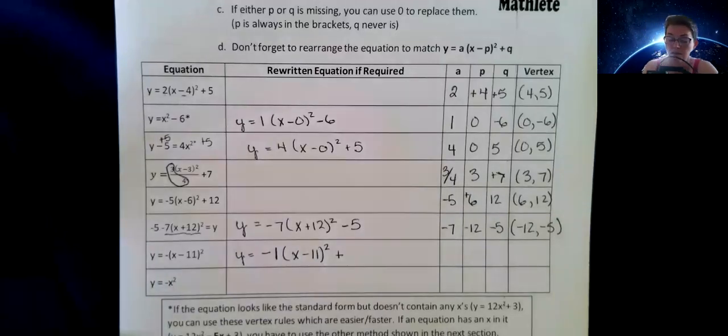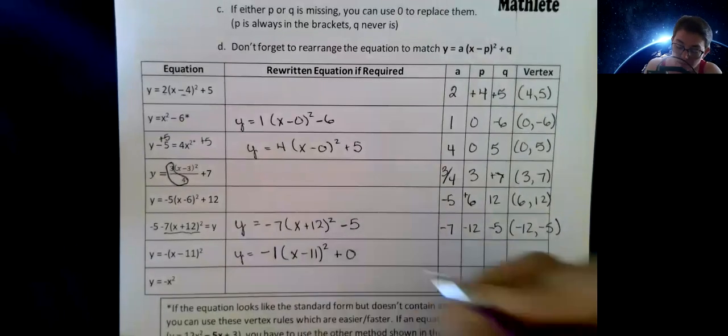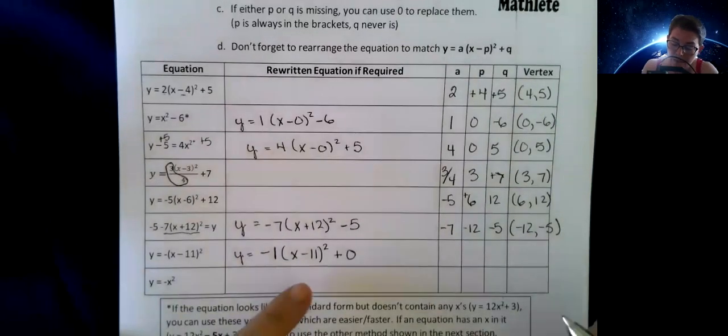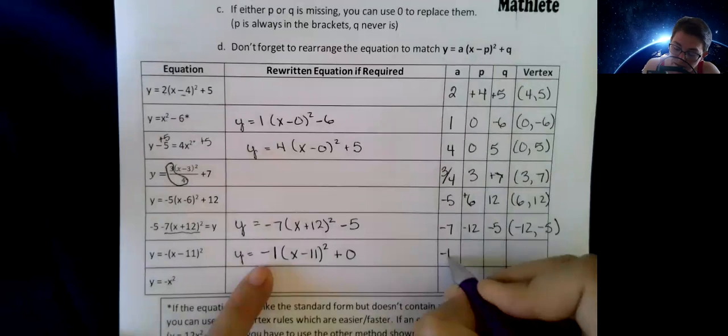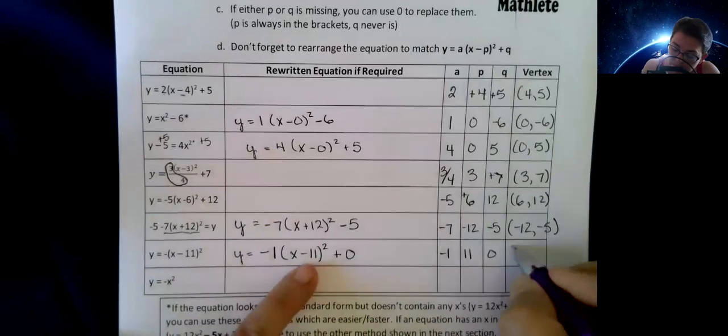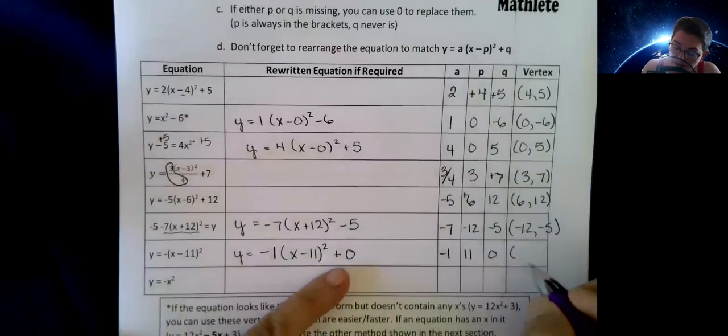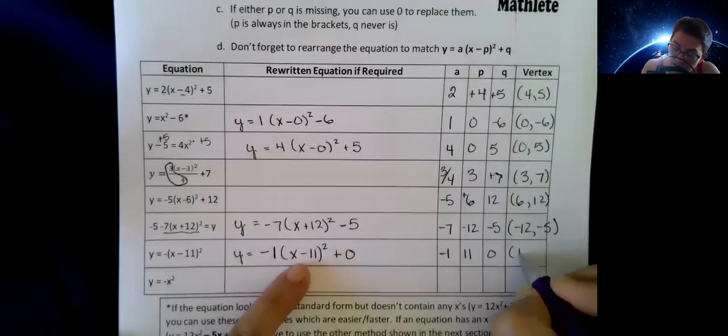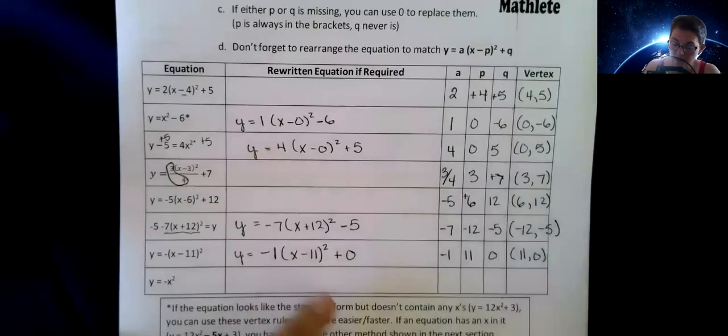Nothing has changed. So I can always add on or subtract off the 0. So a is -1 and 11 and 0. So that's going to give me 11 and 0 as my vertex.